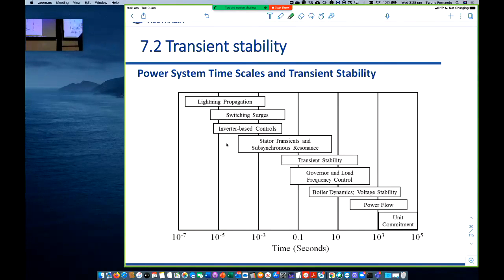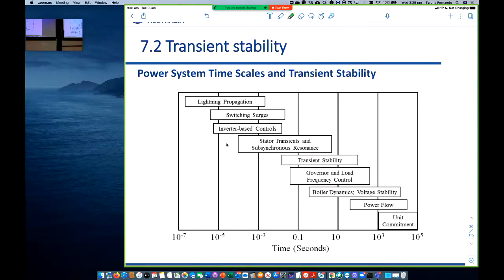So just some time scales. Lightning propagation, we are looking at 10 to the minus 5 seconds time scale. Switching surges, inverter-based control, in the millisecond range. Stator transient and synchronous resonance, 0.1 of a second.